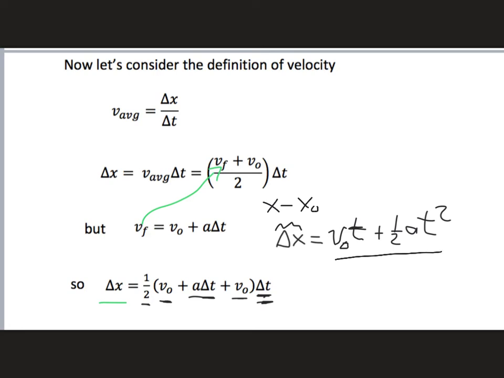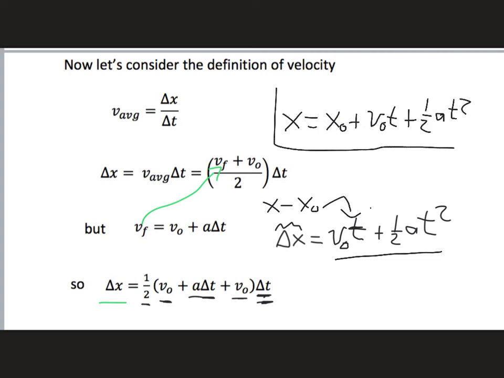I can bring this x naught to this same side of the equation where it'll become positive, and I end up with my second kinematics equation, x equals x naught plus v naught t plus 1/2 a t squared. And this is my second kinematics equation.